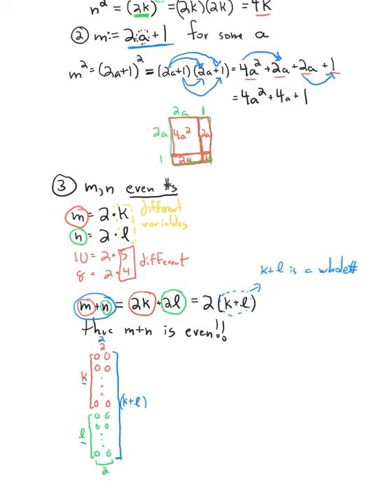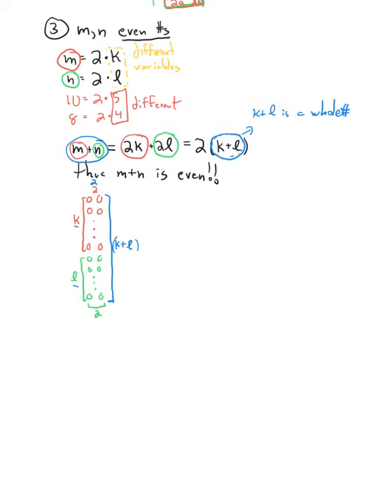And if we do that, we get this 2 times k plus L. So, in fact, what we've done here in some sense, and we'll do this in more detail later in the course, but we've proved a result. That's kind of cool.